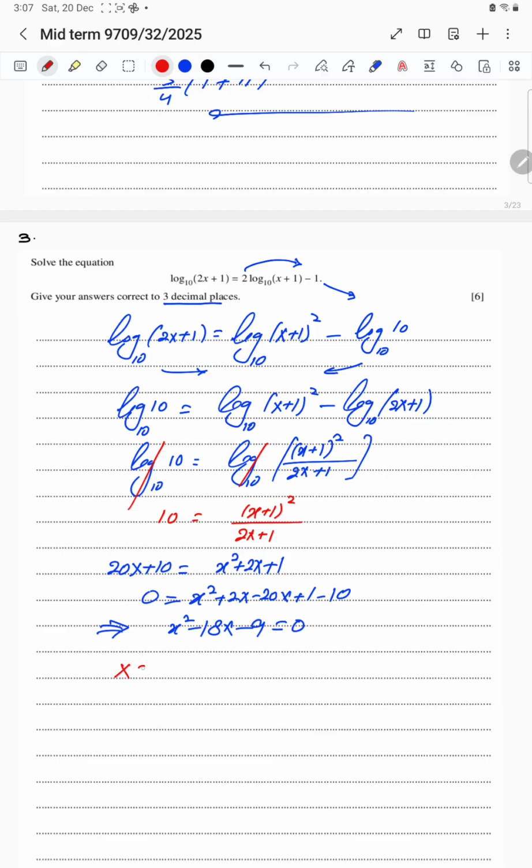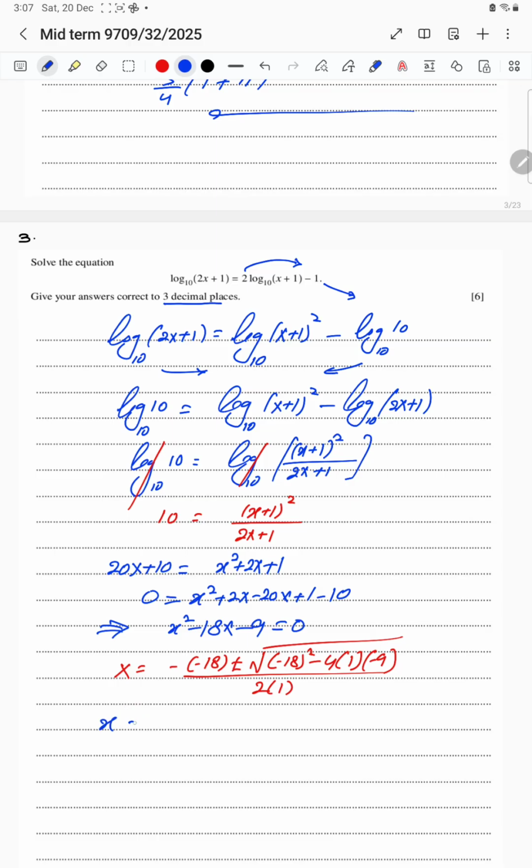The formula: x is equal to minus b, where b is minus 18, plus or minus the square root of b squared minus 4ac, over 2a. Now you can use the function on the calculator, which gives root 333.